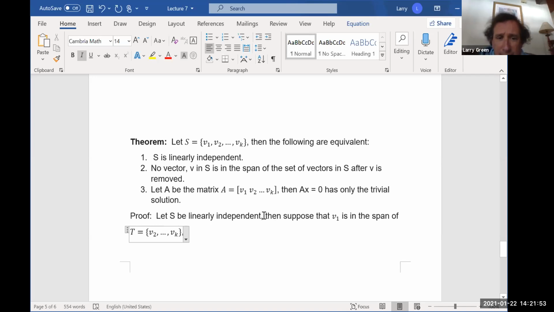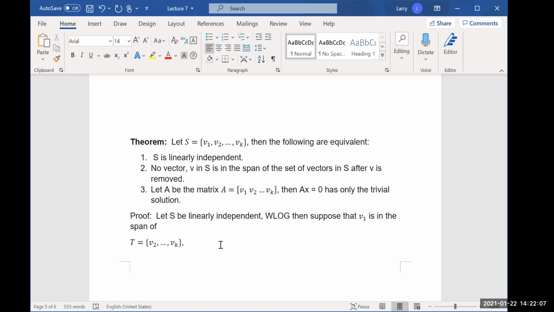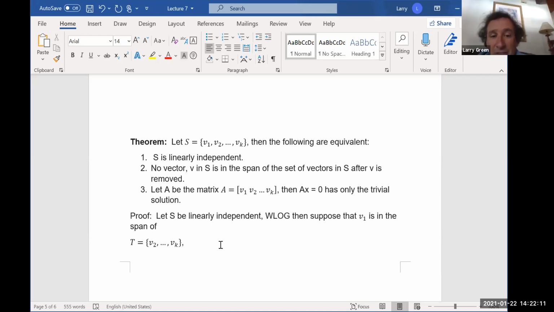And I'm going to write down something that you may not have seen before. Have you seen those initials, WLOG? You haven't seen those? Okay, it stands for without loss of generality. There are a lot of initials and symbols in proofs, and these are big ones.